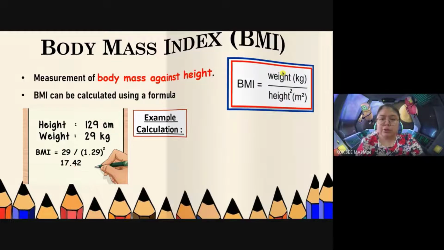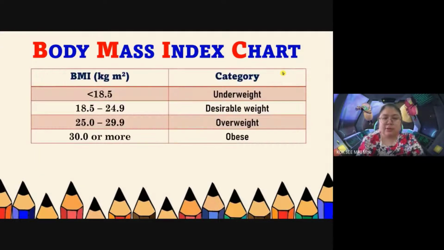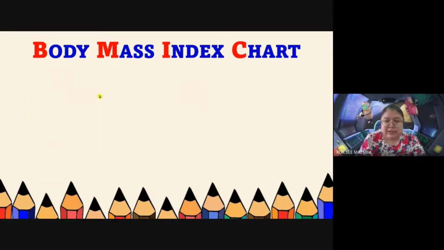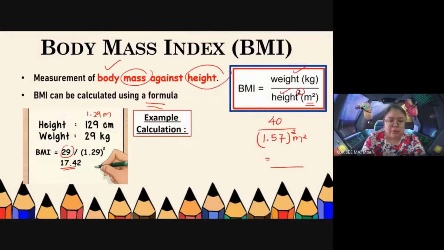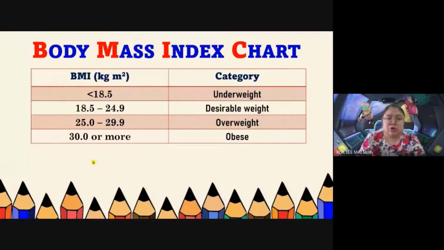So I show you the BMI table chart. If you are less than 18.5, like just now, 17.42 only, so this is less than 18.5. If you are less than 18.5 it means you are underweight. You can count by yourself.